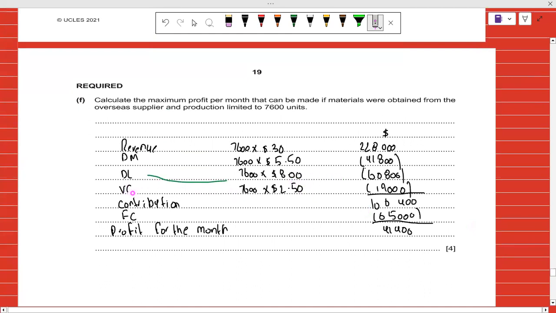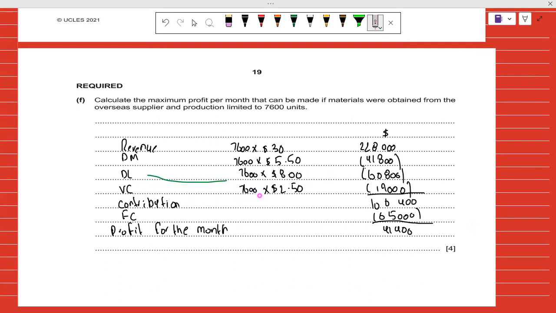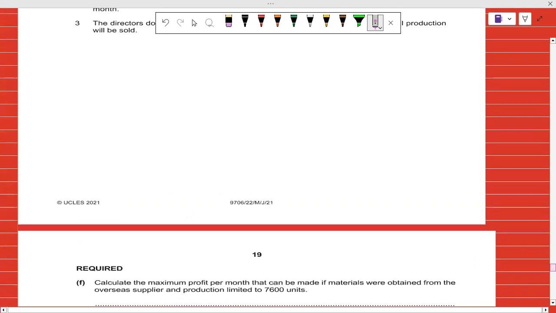Okay. So after that, we have variable cost, which is 7,600 multiplied by 2.50. This is our variable cost.